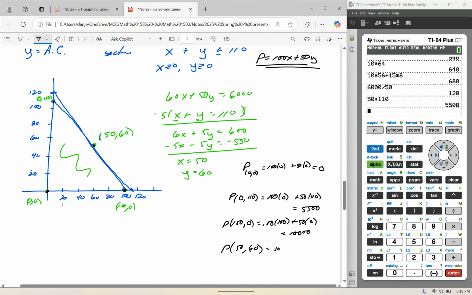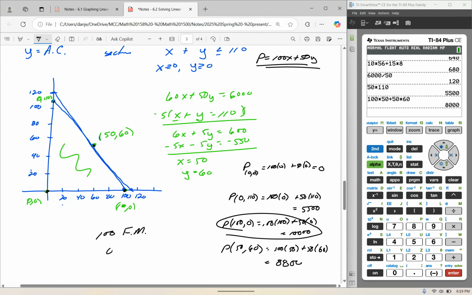And then we have 100 times 50 plus 50 times 60 is 8,800. So actually, the school will make the most money when I offer 100 sections of finite math and no sections of applied calculus. That's my optimization.